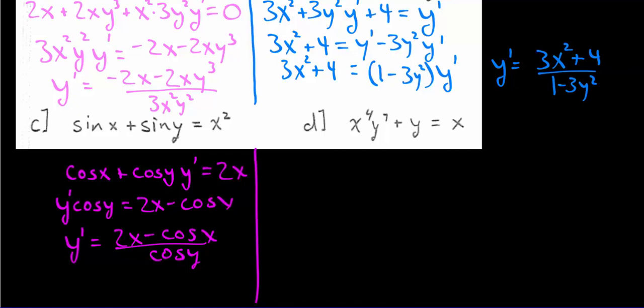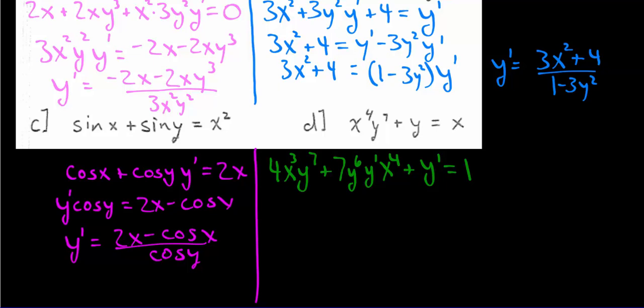You have to be careful when you have products like this, x to the fourth, y to the seventh. You have to remember you're still applying the product rule. So this is 4x cubed y to the seventh. That's the derivative of the first times the second, plus the derivative of the second times the first, plus the derivative of y. Yeah, like that. Okay, so you just have to be sure and apply the product rule.